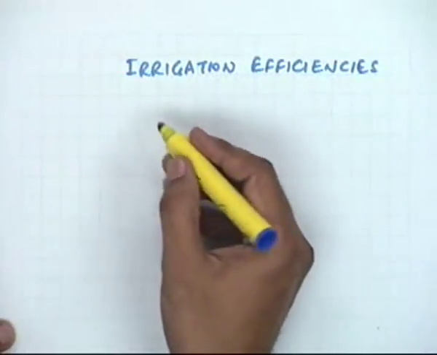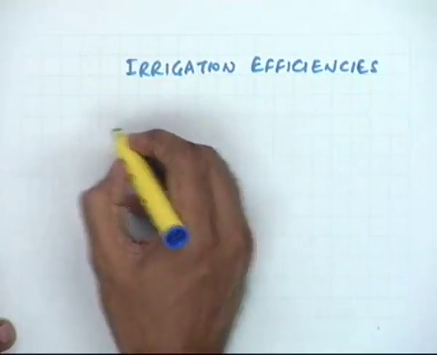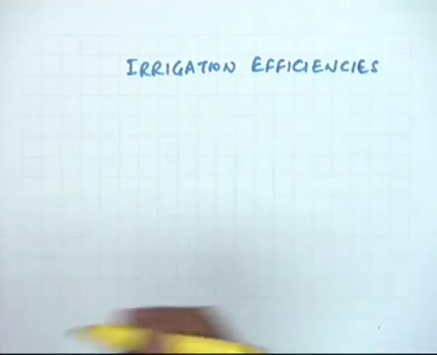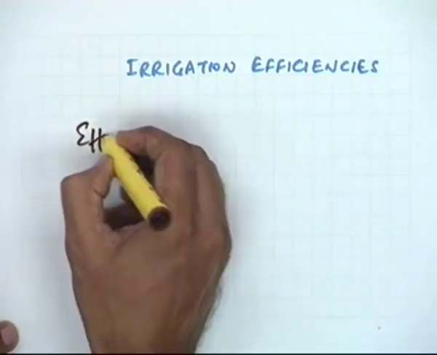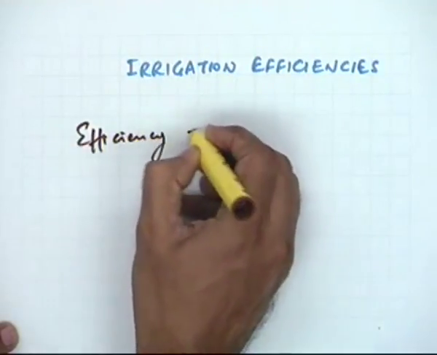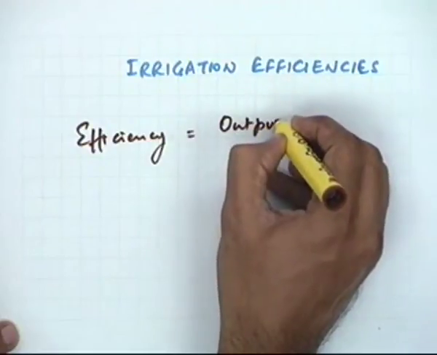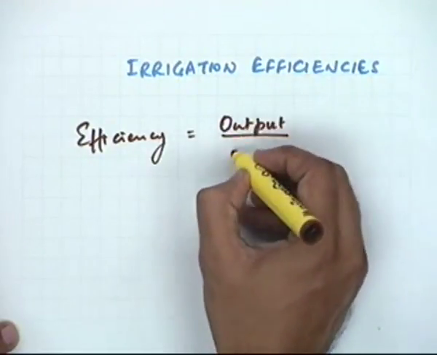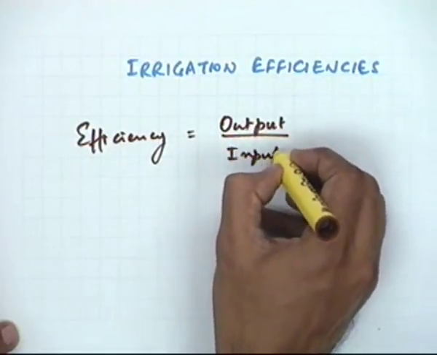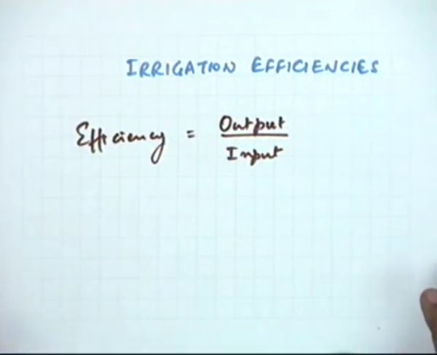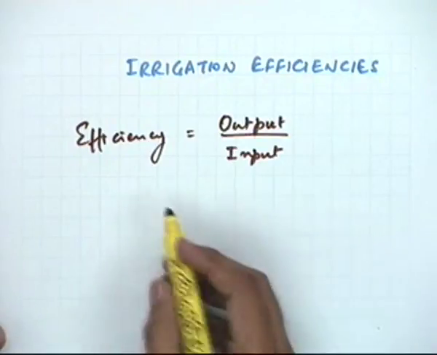When you look at the efficiency in general, what is it? It is the ratio of an output to input. That is what you mean by efficiency in general.